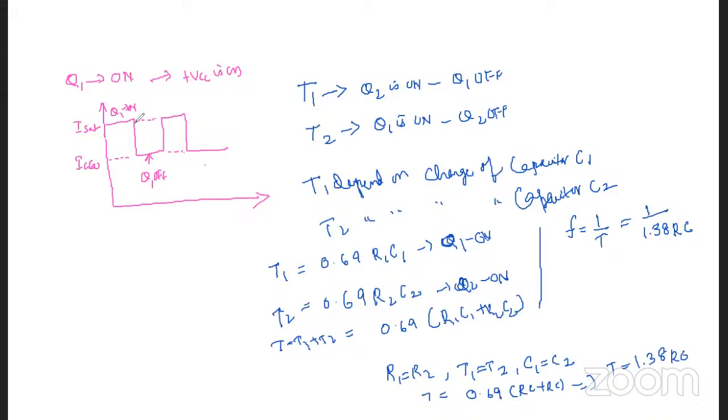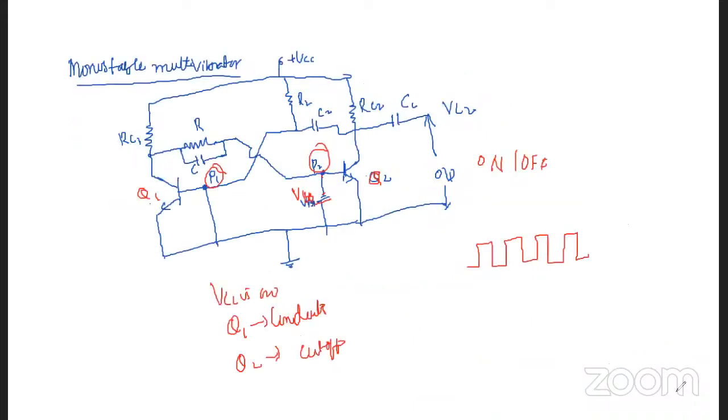It continuously changes its state from on to off to on, depending upon whether transistors Q1 and Q2 are in on or off positions. Whereas in the monostable multivibrator, we have to give an external trigger pulse so that it comes down to the off position, and then after to the on position.